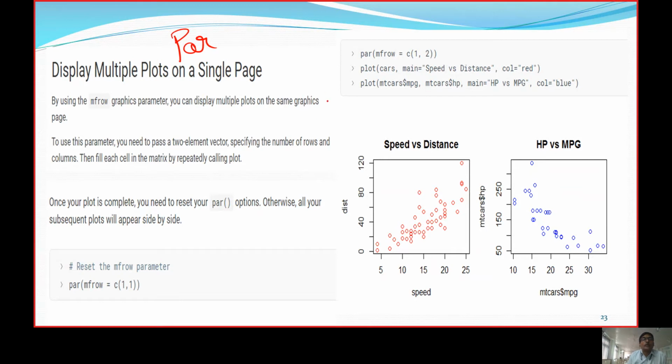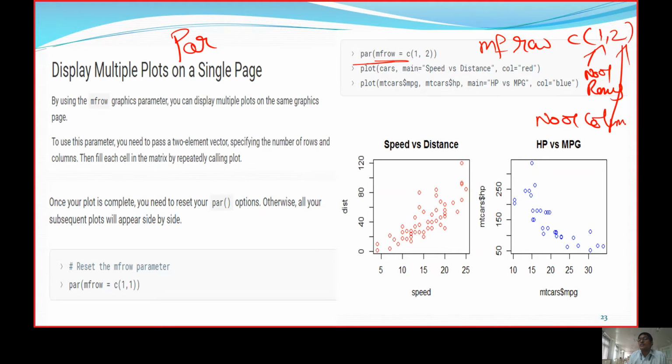We are going to partition the graph with the parameter, and then we give it as MFROW equals C of 1 comma 2. So here 1 indicates the number of rows, 2 indicates the number of columns.